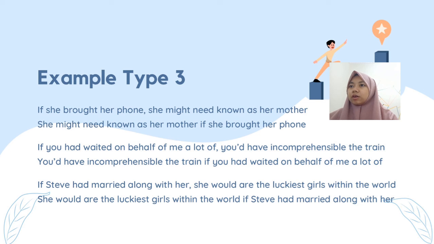If you had waited for me a little longer, you'd have caught the train, or you'd have caught the train if you had waited for me a little longer. If Steve had married her, she would have been the luckiest girl in the world. She would have been the luckiest girl in the world if Steve had married her.